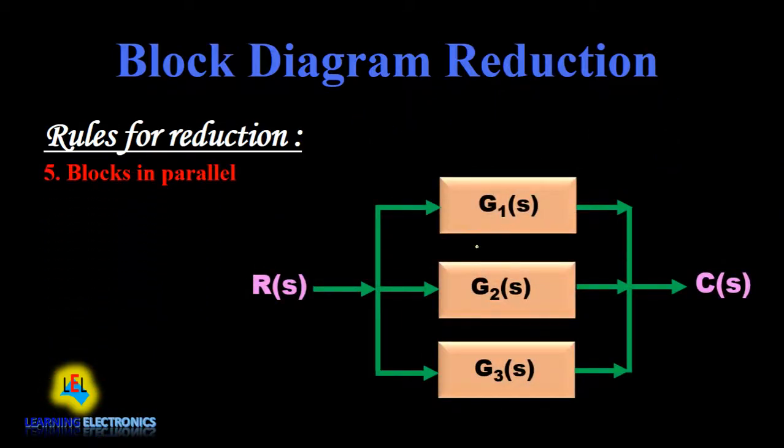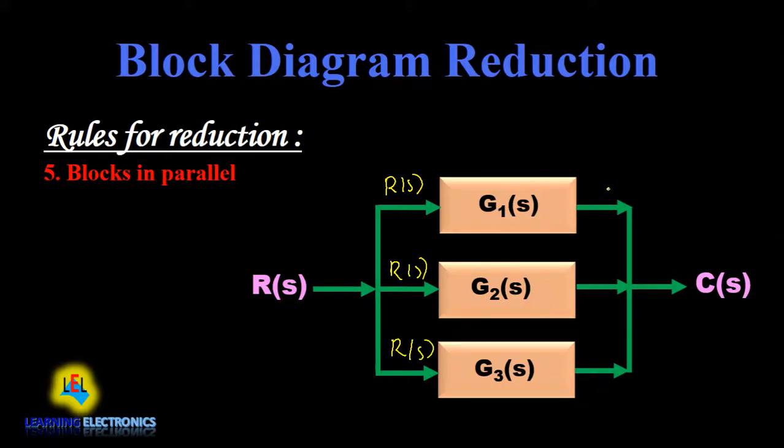When the blocks are connected in this fashion, the input signal R(s) is equally applied to all the blocks. That is, here also the input to G1(s) is R(s), for G2(s) the input is R(s), and for G3(s) also the input is R(s).